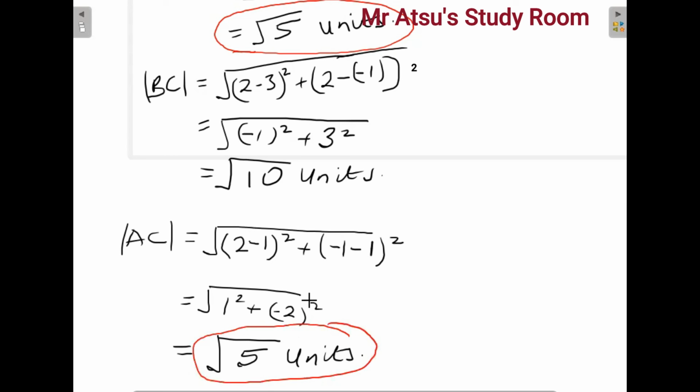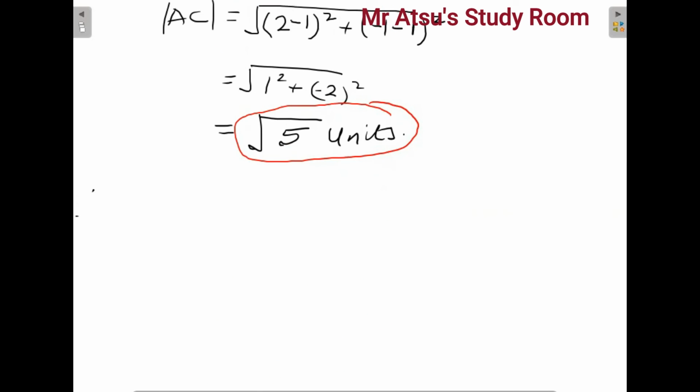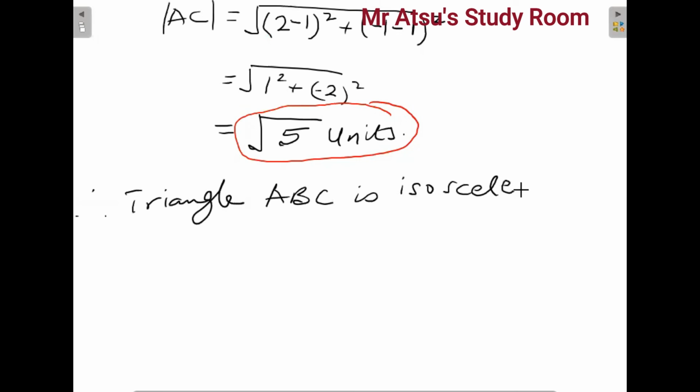This means that our triangle has 2 sides equal, and we can conclude that triangle ABC is an isosceles triangle because it has 2 sides equal.